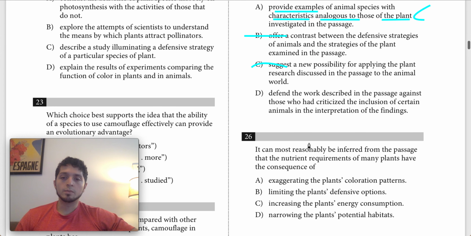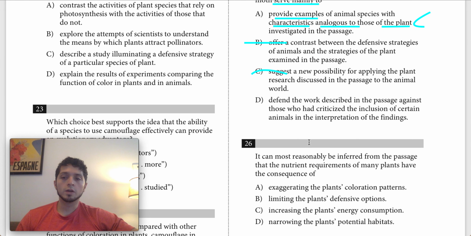D says that the purpose of the reference is to defend the work described in the passage against those who would criticize the inclusion of certain animals in the interpretation of the findings. So this has a number of things wrong with it. What would basically need to be true for this to work is if we had the author or a scientist who is including a whole bunch of different animals or plants in their study, and they're including tigers and moths, and maybe people criticize by saying, why are you looking at tigers and moths?